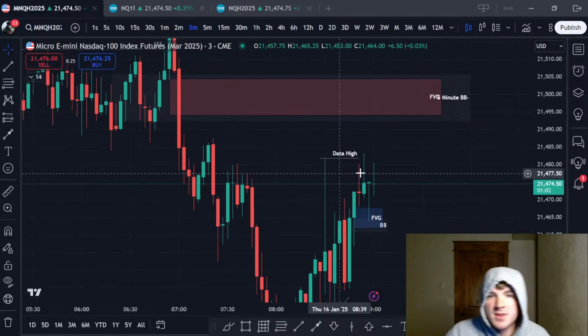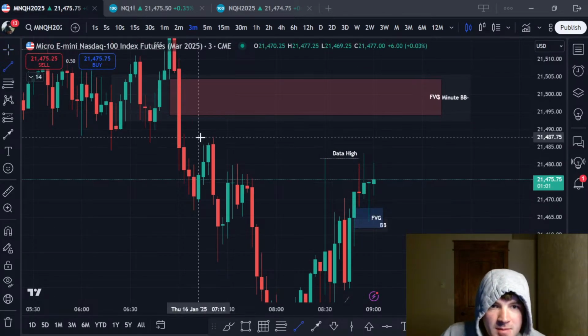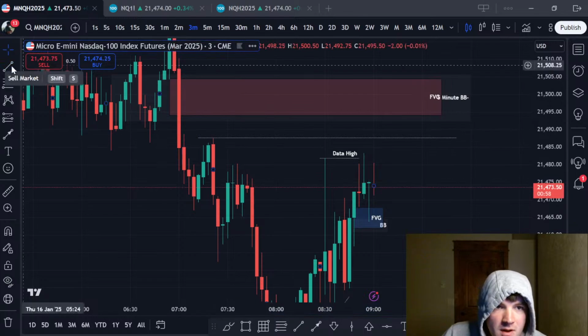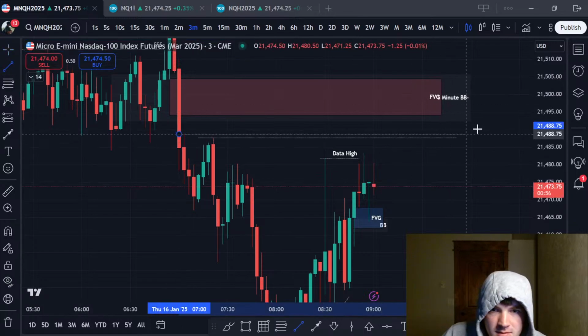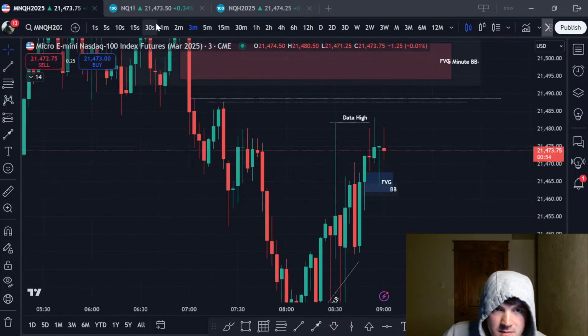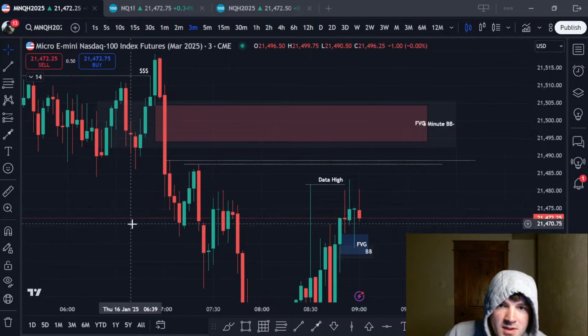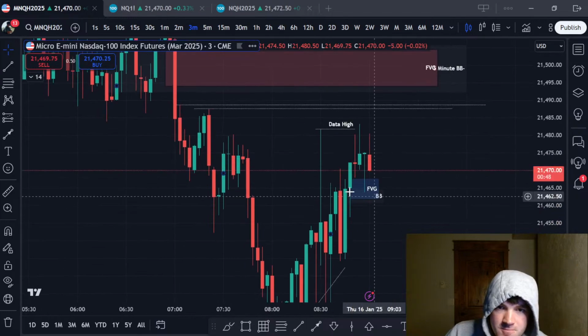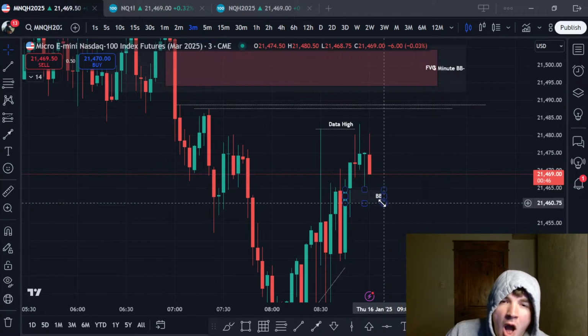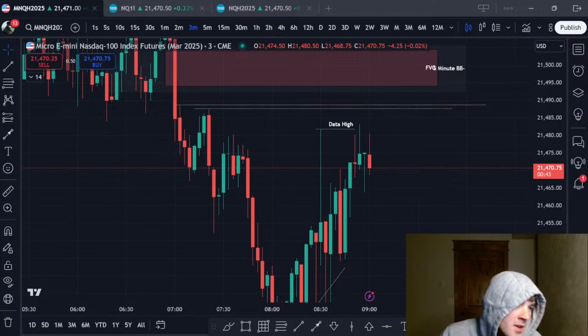But I really would want to see these highs get swept as well. At the very least, I'd want to see these highs get swept. It's tired.